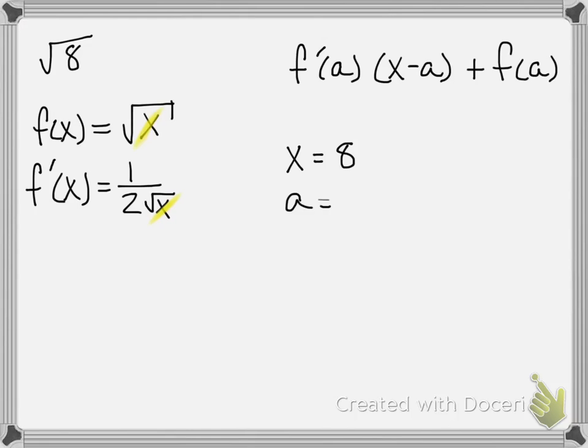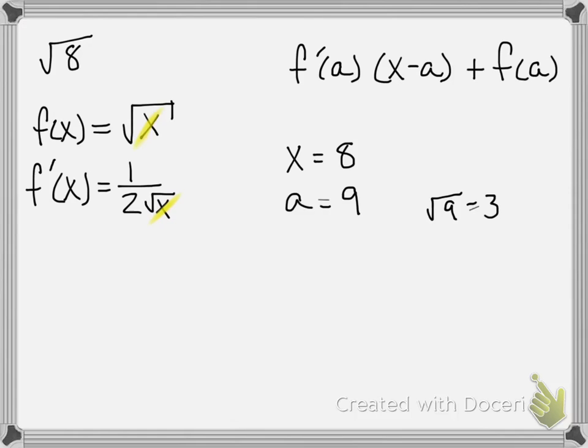So if we let a be 9, that's really easy to take the square root of. The square root of 9 is just 3, so that's actually our f of a.